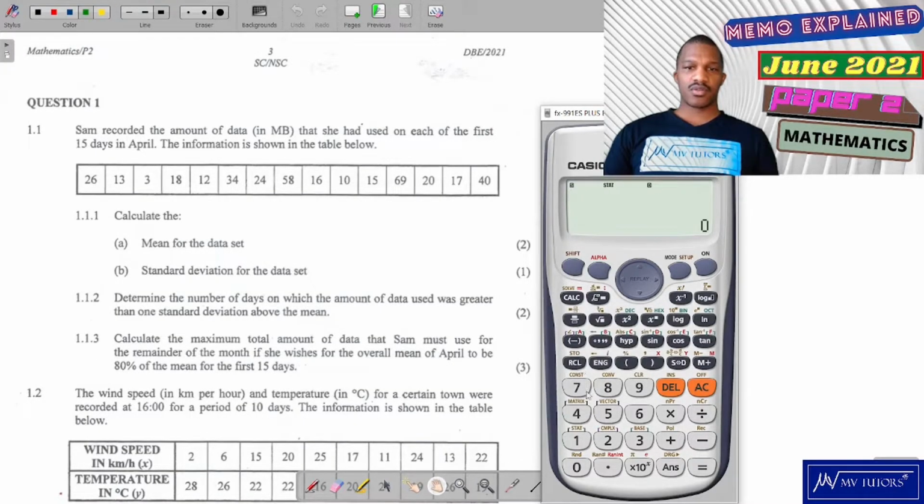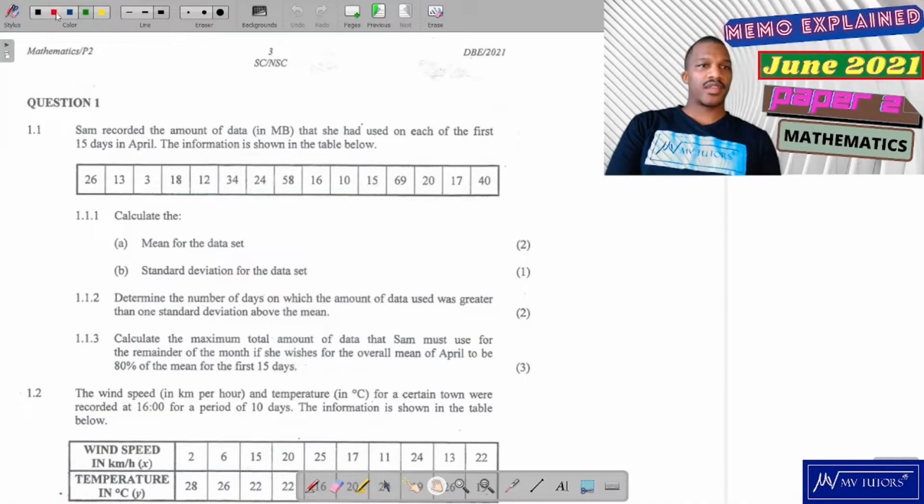Since stat is brown, we press shift, and then stat is number 1. We're interested in the variable, so that's number 4. Now the mean is number 2, so we press 2 and then equals, and it tells us the mean is 25.